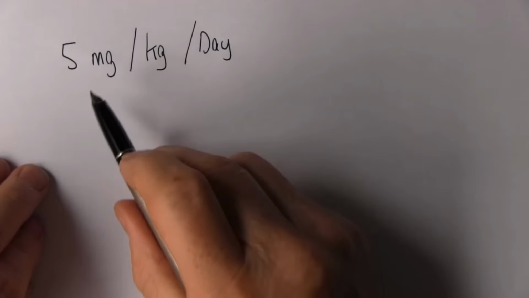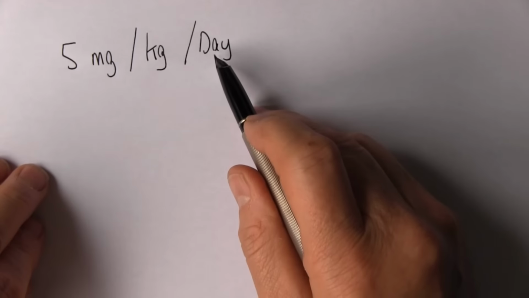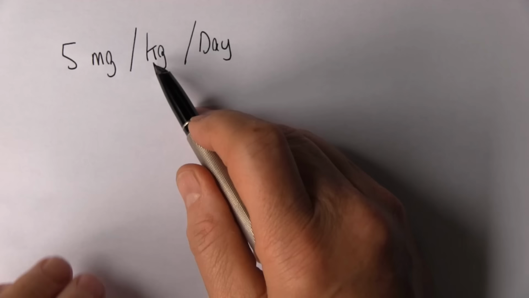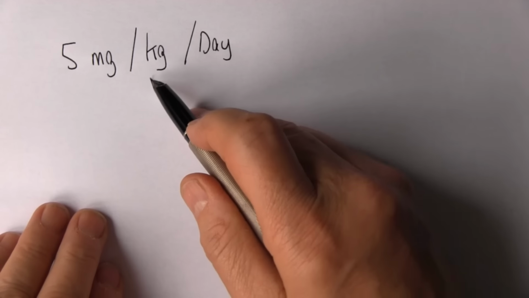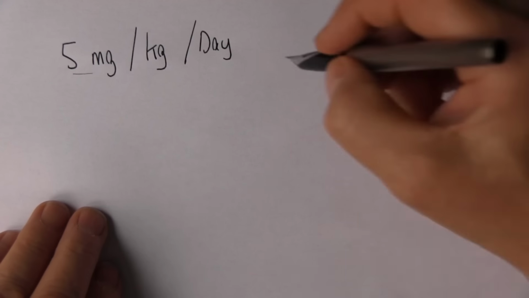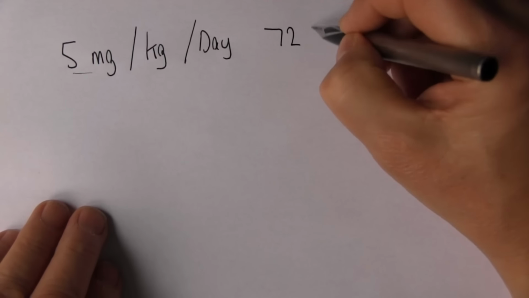Now the pharmacologists tell us that we need 5 milligrams of gentamicin per day for every kilogram that the patient weighs. So I need to work out how much gentamicin I'm going to give this patient per day. So the first thing I need to do is to weigh the patient, and this patient weighs 72 kilograms.